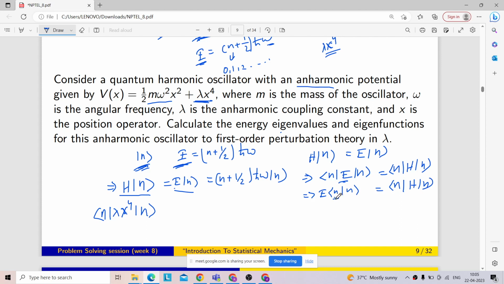The Fock states are orthonormal, so <n|n> gives 1. So E is simply <n|H|n>.